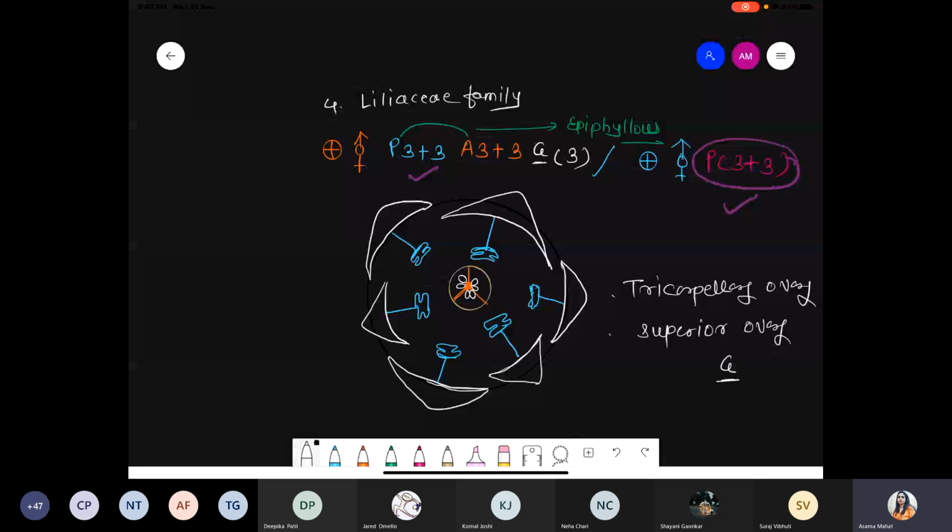And again, the sepal and petal are morphologically similar. That's why we are talking about perianth or tepal. And for the Brassicaceae family, just find the replum part, because in the replum a false septum or wall is present. Got it? Clear?